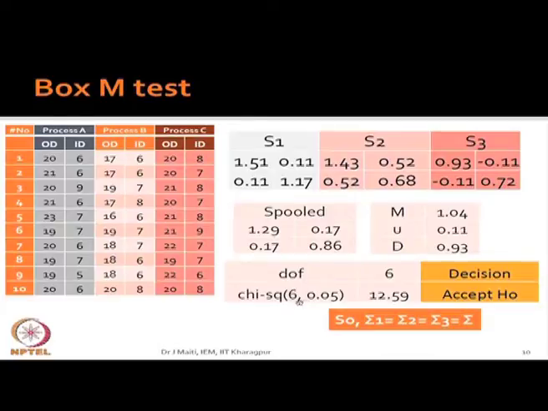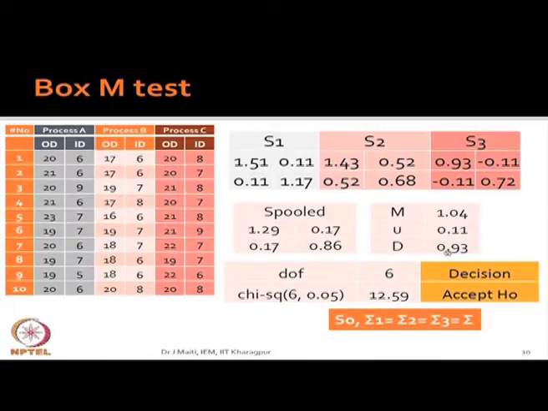Now, chi square with 6 degrees of freedom and alpha 0.05, that value is 12.59. You will be getting it from the chi square table, and then you compare the computed D value versus the chi square tabulated value.